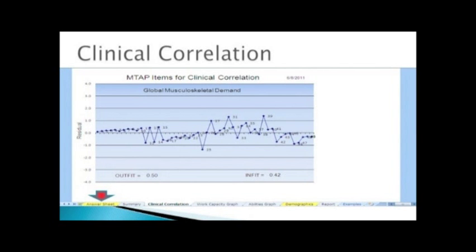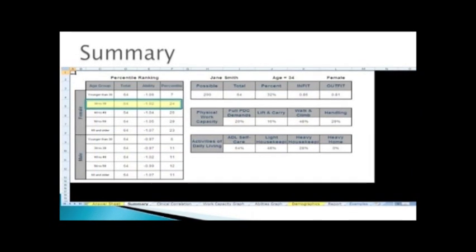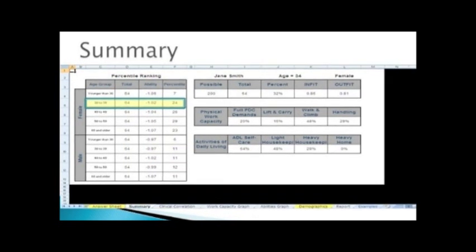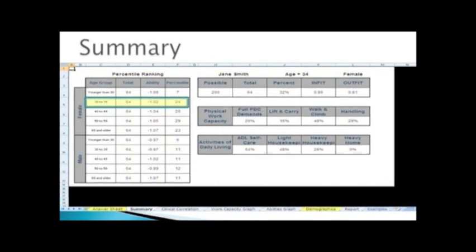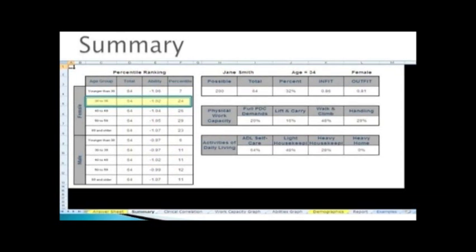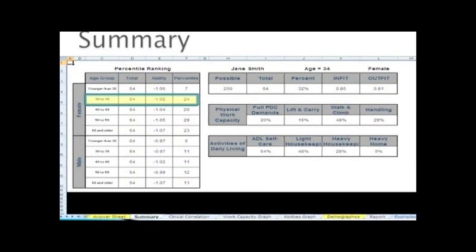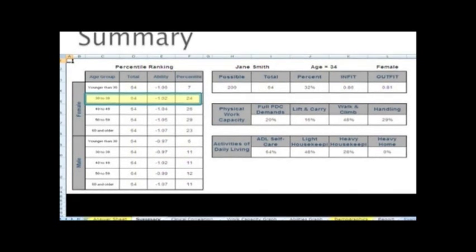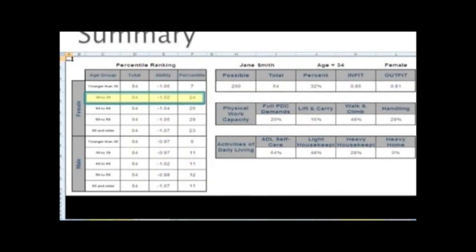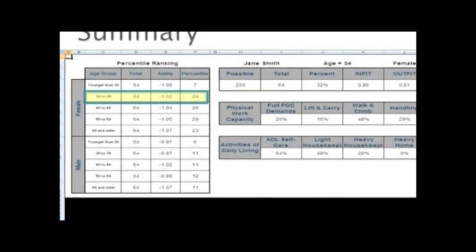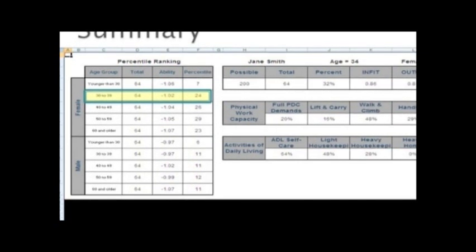Go ahead and click on the Summary tab. On the left of this tab, we find the percentile ranking data, female and male separately, across the 5 different age categories. We find that a score of 64 on MTAP results in an ability rating of -102 and a percentile ranking of 24.